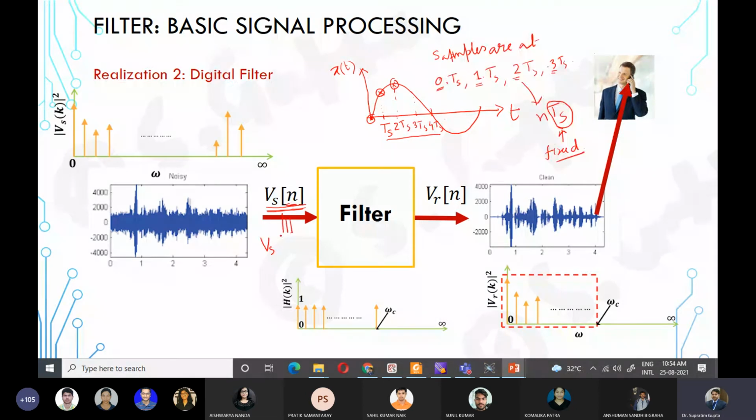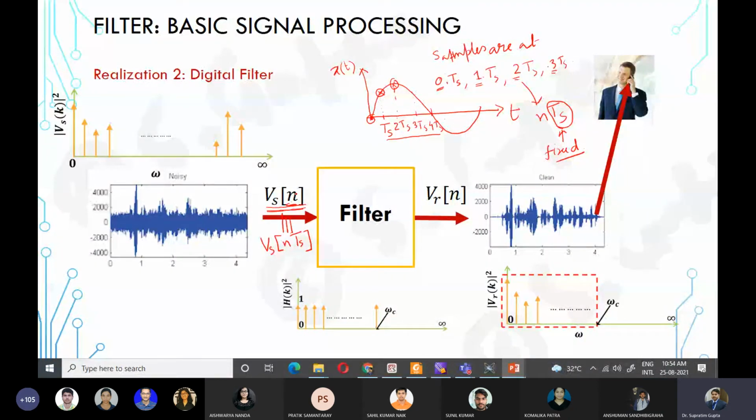So only those values we are collecting. Is it understood? Yes, sir. But while writing, we omit this Ts part and write only x of n.